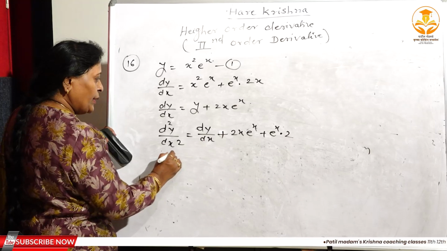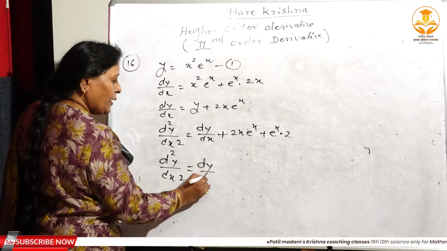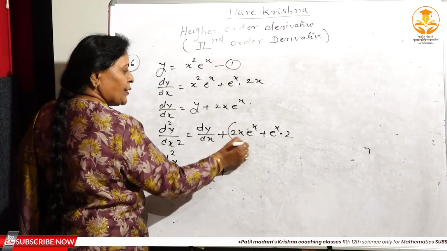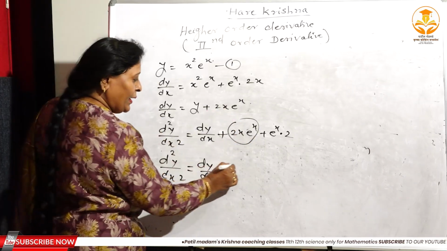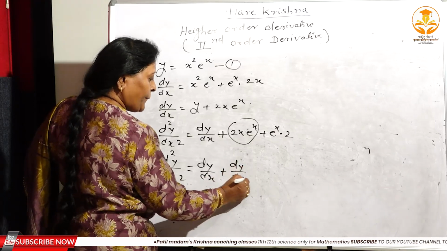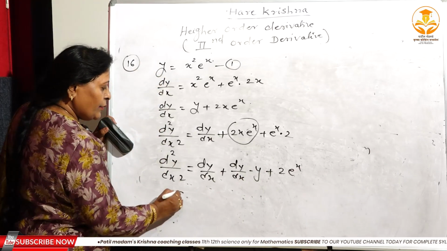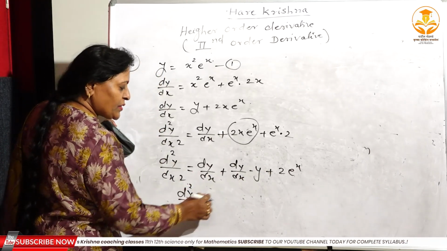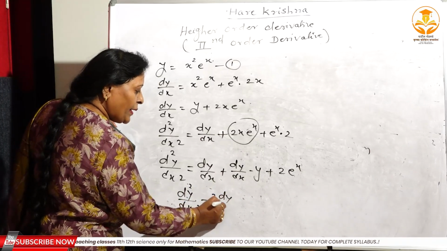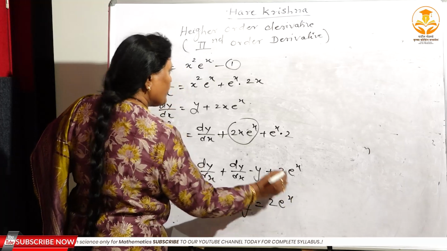So d2y divided by dx square is dy by dx, and here you can substitute 2x e to the power x, it is nothing but dy by dx minus y, and this term 2 e to the power x remains as it is. Now transfer: d2y divided by dx square, dy by dx plus dy by dx minus 2 dy by dx plus y, it is equal to 2 e to the power x.